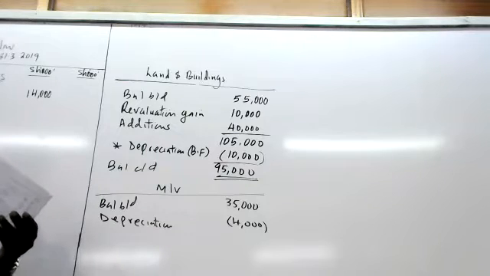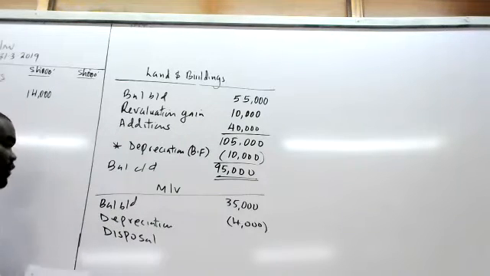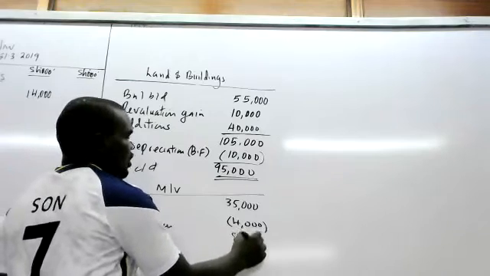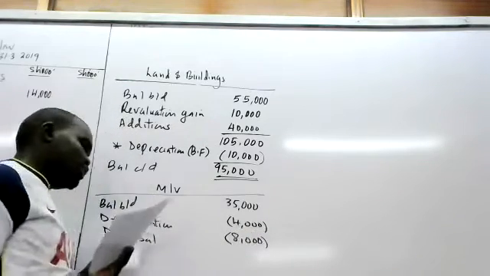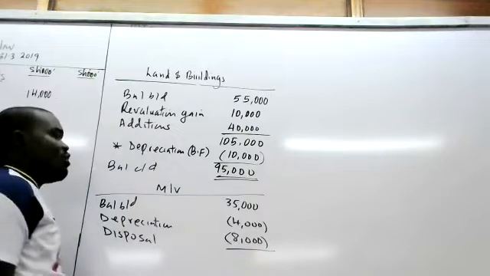Continue reading note 2. Motor vehicle having a net book value of 8 was sold. So disposal. What was the net book value? 8. So this one was sold. So those are the only notes relating to motor vehicle. So how much?